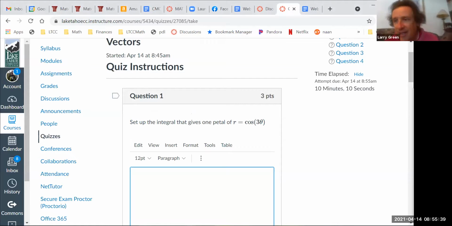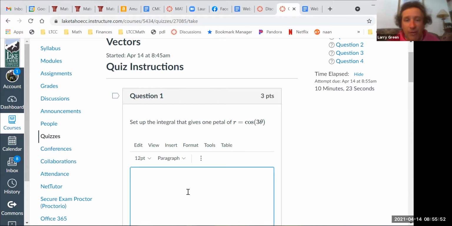So I'm going to share my desktop. And let's take a look at the quiz. What we've got is: set up the integral that gives one petal of r equals the cosine of 3 theta.